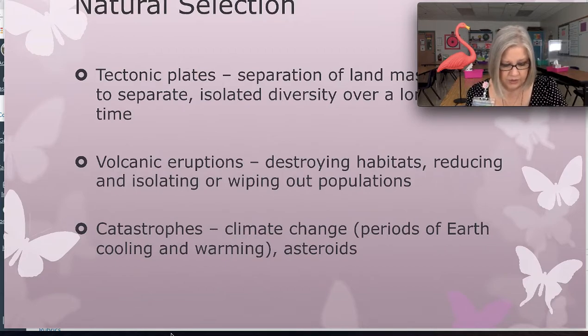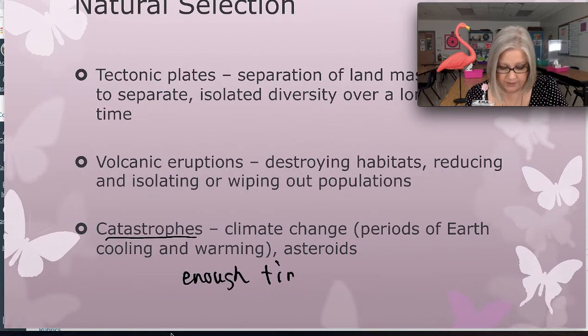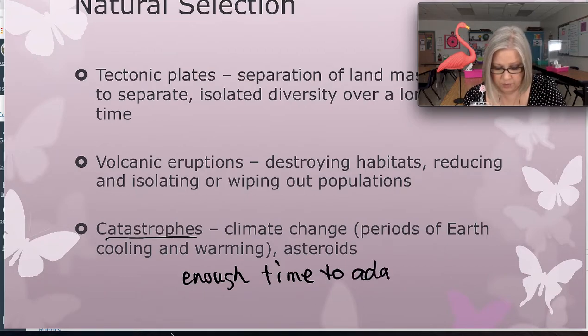Another one is just general catastrophes. So the Earth has gone through long periods of cooling and warming. And when species are allowed enough time to adapt, then we're going to see species develop with adaptive features, right?